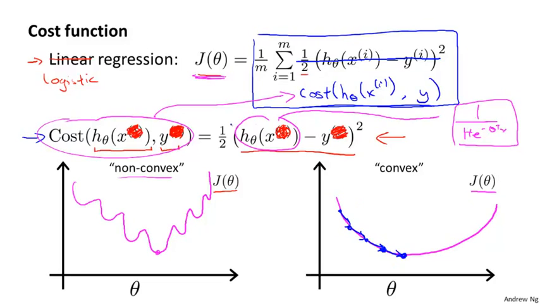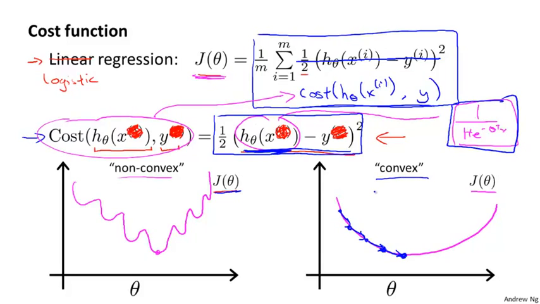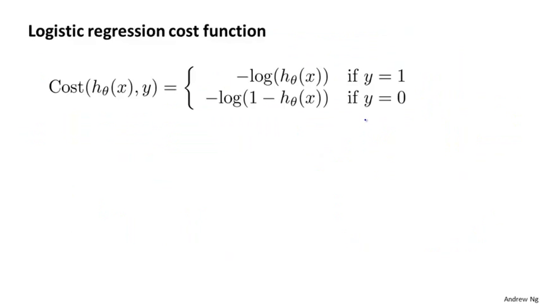The problem with using the squared cost function is that because of this very nonlinear sigmoid function that appears in the middle here, J of theta ends up being a non-convex function if you were to define it as the squared cost function. So what we'd like to do is to instead come up with a different cost function that is convex, so that we can apply a great algorithm like gradient descent and be guaranteed to find the global minimum. Here's the cost function that we're going to use for logistic regression.